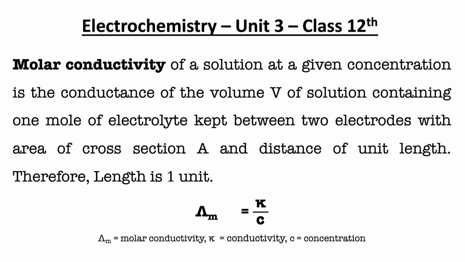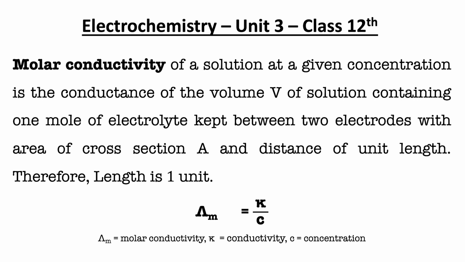Now a very new term, molar conductivity. How the conductivity is related when we take 1 mole of the electrolyte in the solution form. Molar conductivity of a solution at a given concentration is the conductance of the volume V of solution containing 1 mole of electrolyte kept between electrodes with area of cross section A and distance of unit length.